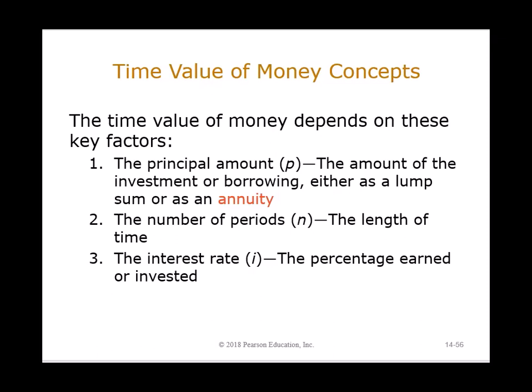Okay, let's stick with the same example. Let's say that I've got 5-year bonds that are going to pay interest semi-annually. So they're paying interest twice per year. Let's say that the annual rate on the bonds is 12%. Well, if the annual rate is 12%, then the semi-annual rate would be 6%, which is half of that.